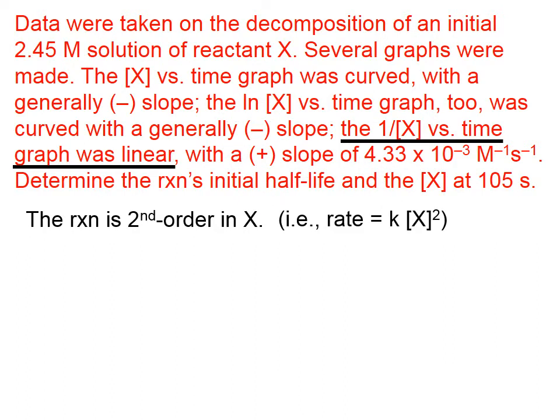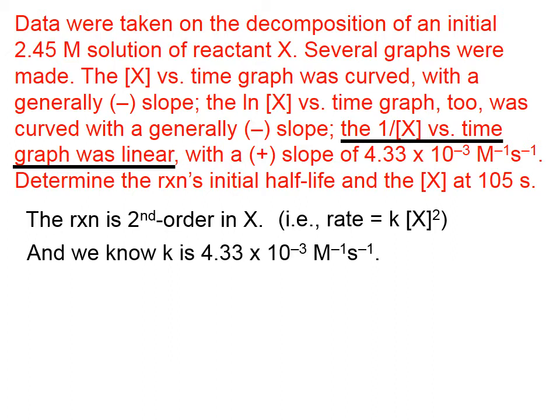In other words, the rate law for this reaction looks just like I've shown here on the right, and we know the value of the rate constant: 4.33 times 10 to the negative third, molarity to the minus 1, seconds to the minus 1.